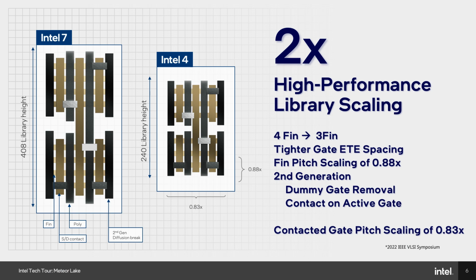When we drop a gate contact, prior to 10 nanometer, you would never put it on top of a gate. It was always off the gate, and then you'd use the conductivity of the gate metal to get to the transistor. Starting on 10, we dropped it on top of the gate. And that allows us, because we don't have to drop the contact so far away, to achieve better scaling.